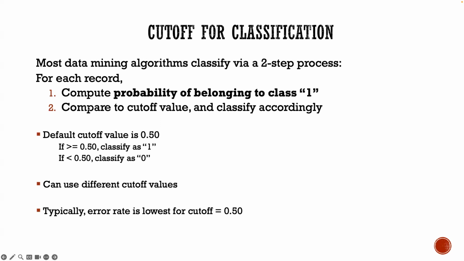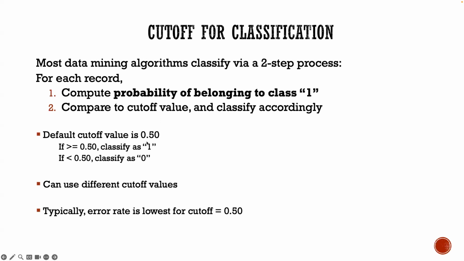And then we compare it with some cutoff and classify accordingly. So there is this benchmark, a cutoff value that we are using. We look at the probability, compare it with a certain cutoff value, and then we classify them as 1 or 0. Now, the default cutoff value for the probability is 0.5, 50%.